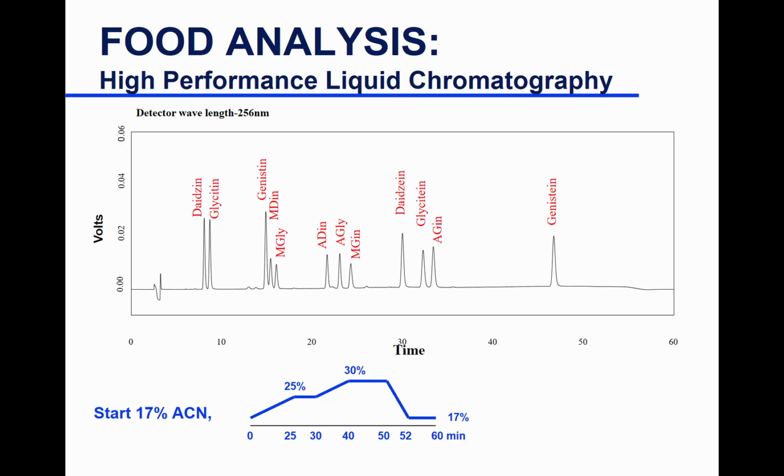You have to have non-polar interaction with a non-polar column. So the most polar will be eluting first. So that would be daidzin. Daidzin, not daidzein. Daidzin will leave the column first because it likes the column the least. Okay, and it leaves the column before the concentration of acetonitrile creeps up to be higher than 17.